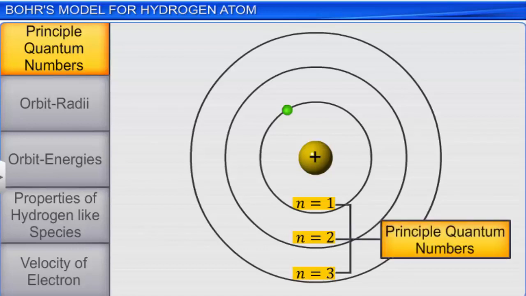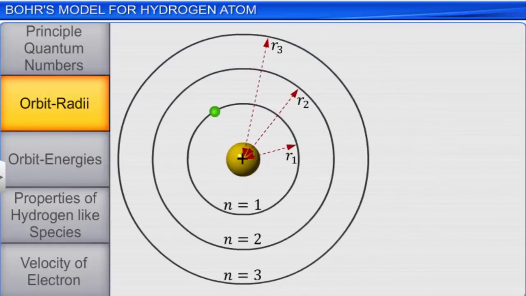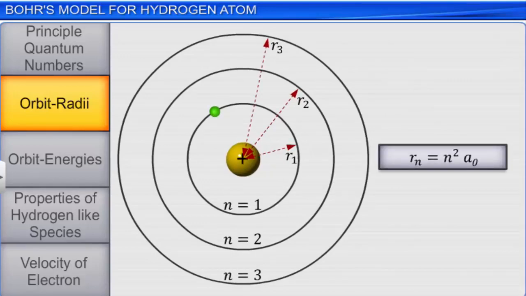The radii of stationary states or orbits can be given by the expression radius of the nth orbit Rn is equal to n square multiplied by the constant a0, which is equal to 52.9 picometer.